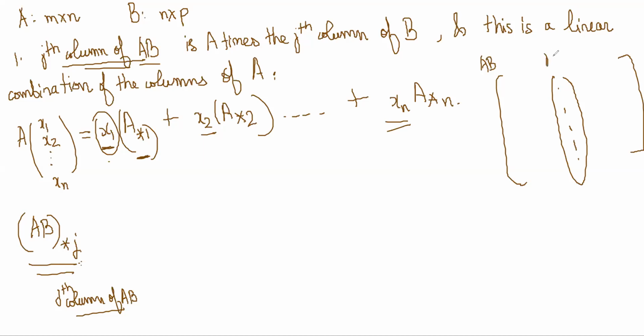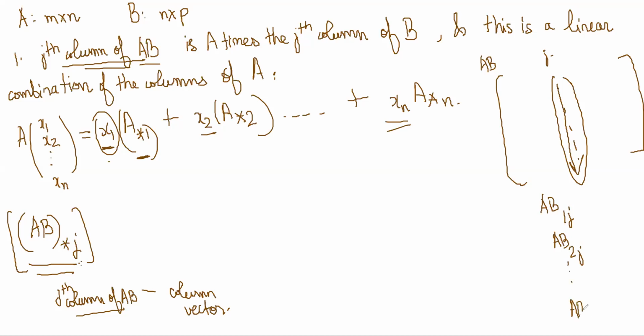If you fix the j, then the jth column is this, and it is itself a column vector. It has components AB 1j, AB 2j, and so on, up to AB mj, the number of rows.